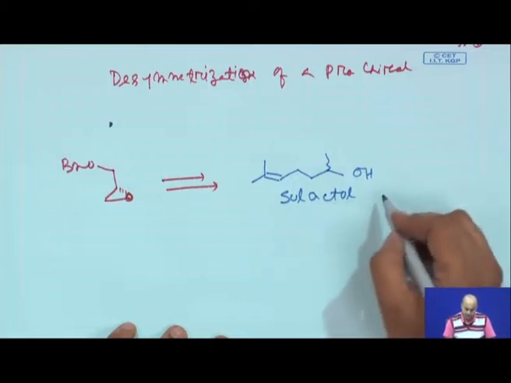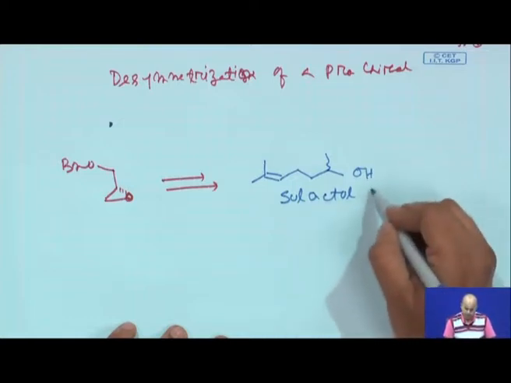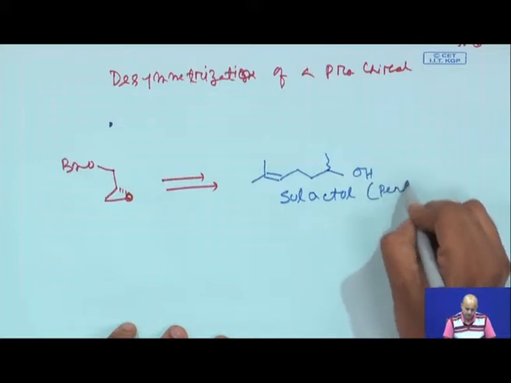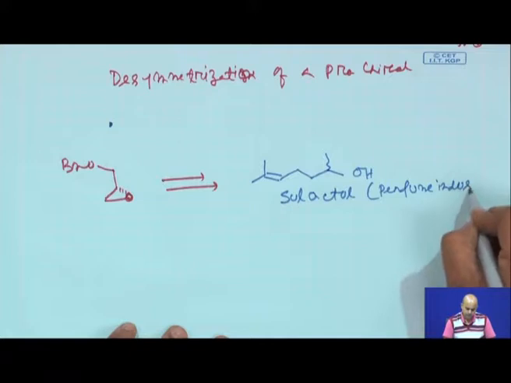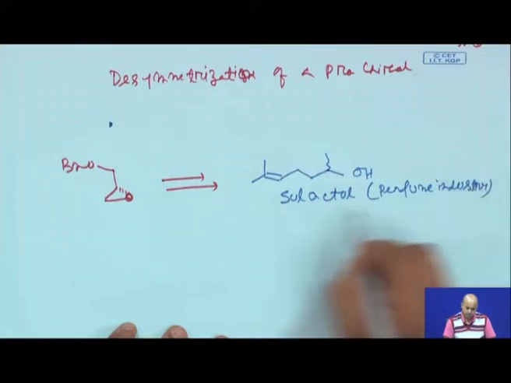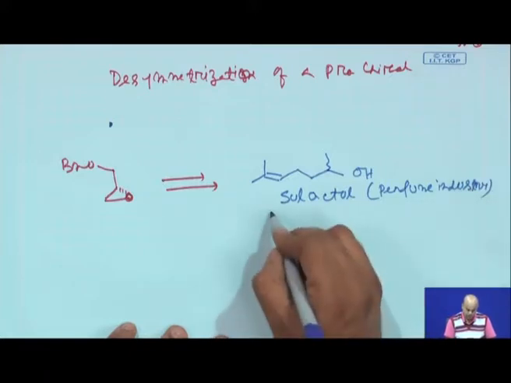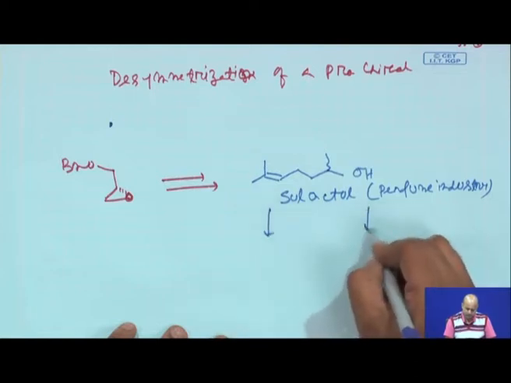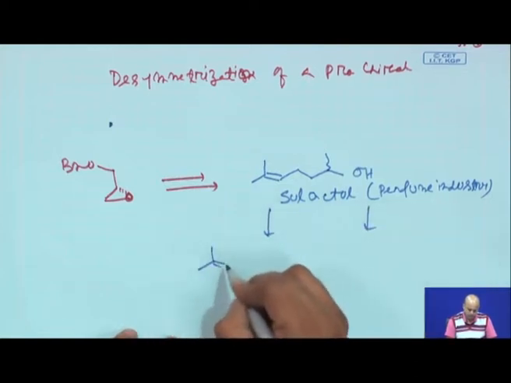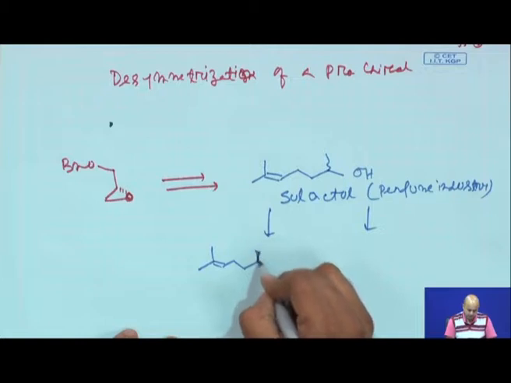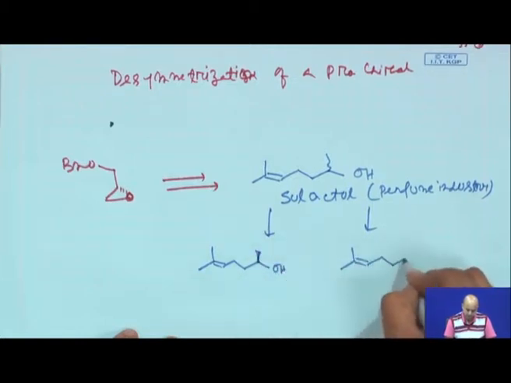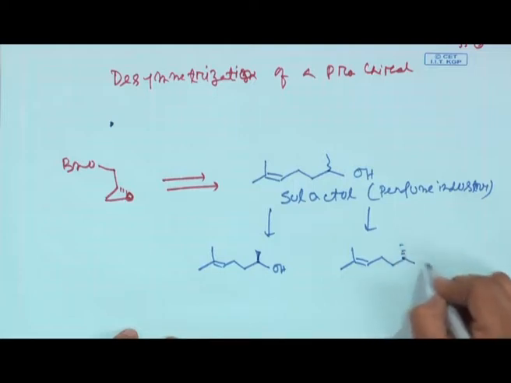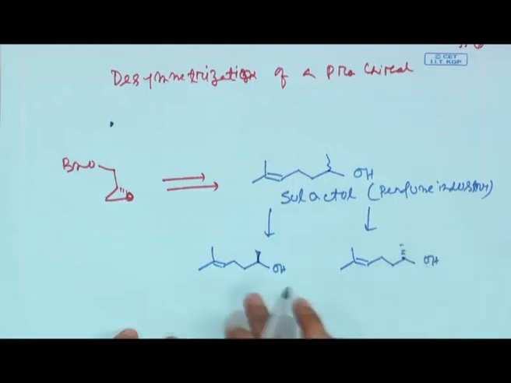Salactol is basically used in the perfume industry, it has a very nice smell. Now, two enantiomers means you need to make both the enantiomers, like this as well as this, clear.